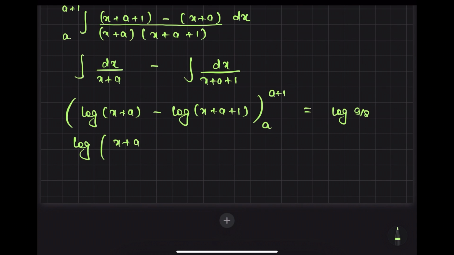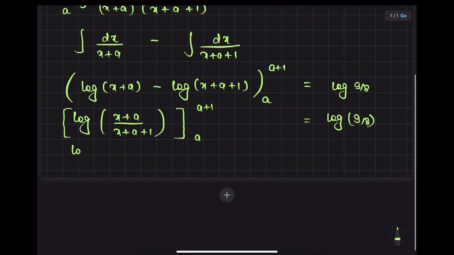So it is log x plus a upon x plus a plus 1, right, with the limit a and a plus 1. I hope till this part you guys are okay. Log 9 by 8. Now let's substitute the limits. We will place the upper limit first.